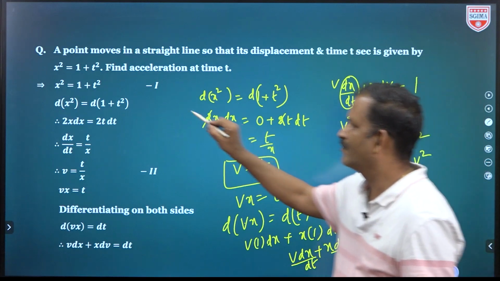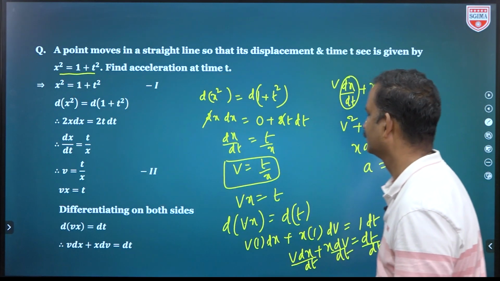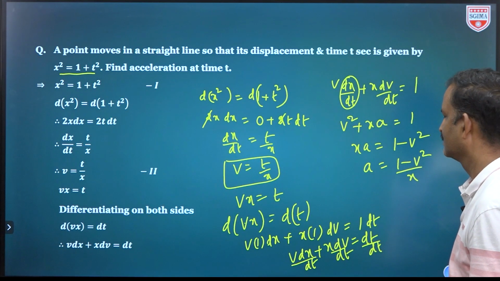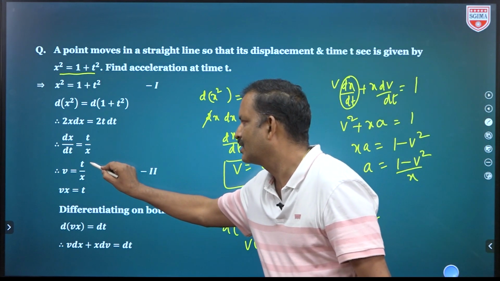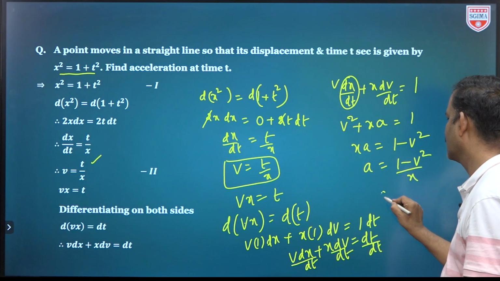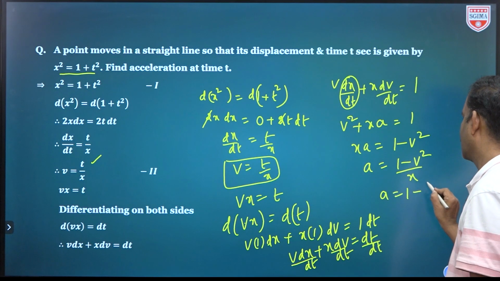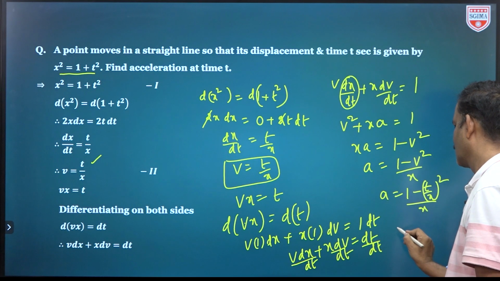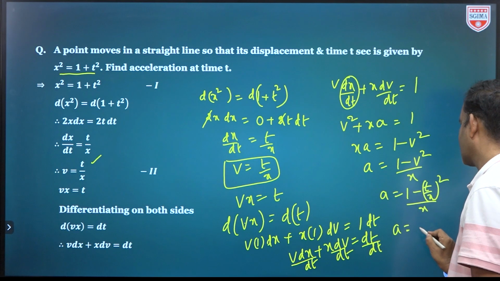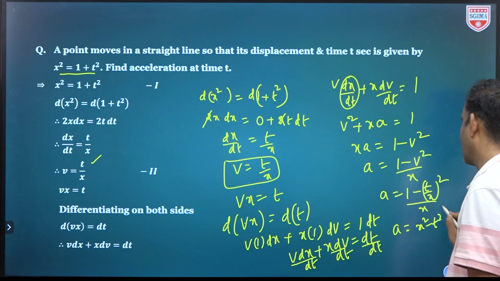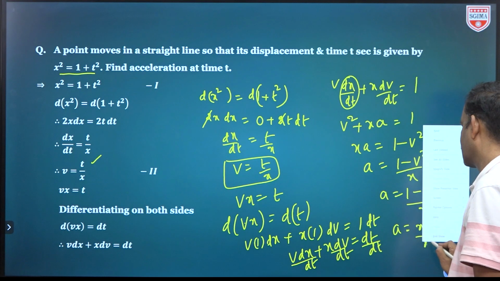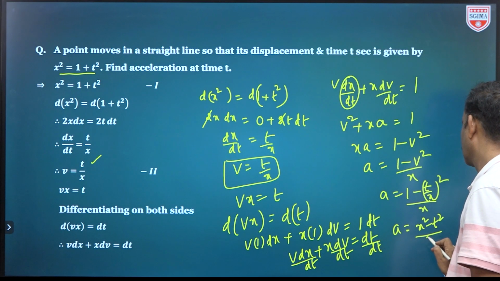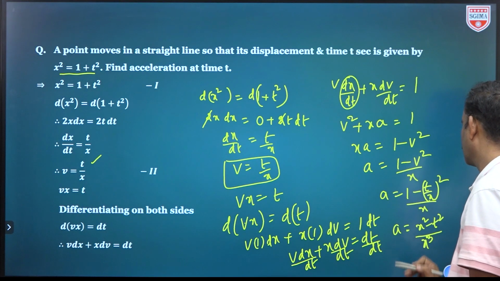But in our problem, v is not there, so you have to replace the v. V we already wrote as t by x. I am writing 1 minus t by x whole square by x. So, a is equal to x square minus t square by x cube.